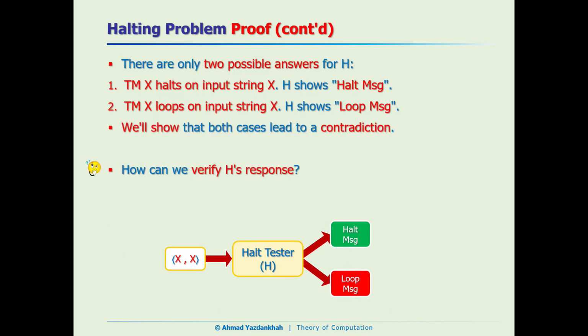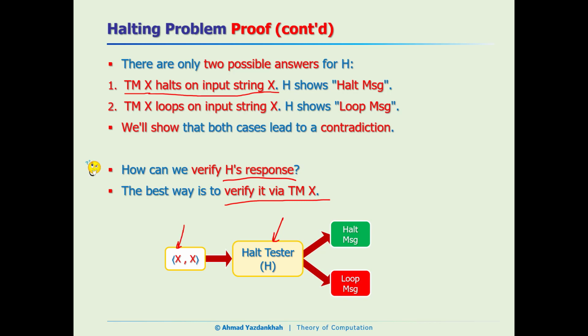How can we verify H's response? The best way is to verify it via the Turing machine X. What do I mean? Look at this. It is saying that Turing machine X halts on input string X. All right, so I input the encoded X to Turing machine X and let's see how it reacts.